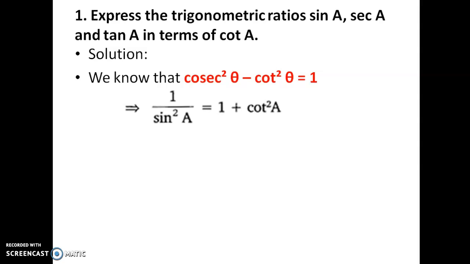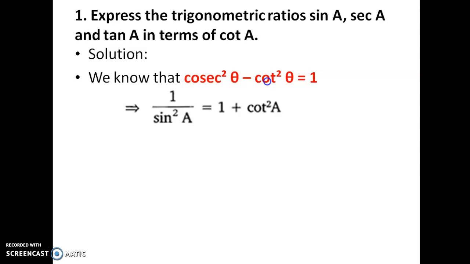So we are choosing an identity where you can relate sin and cot. In this identity, cosecant square theta, that is 1 by sin square theta, you can write, and cot theta is already there. So you can somehow relate sin theta and cot theta.